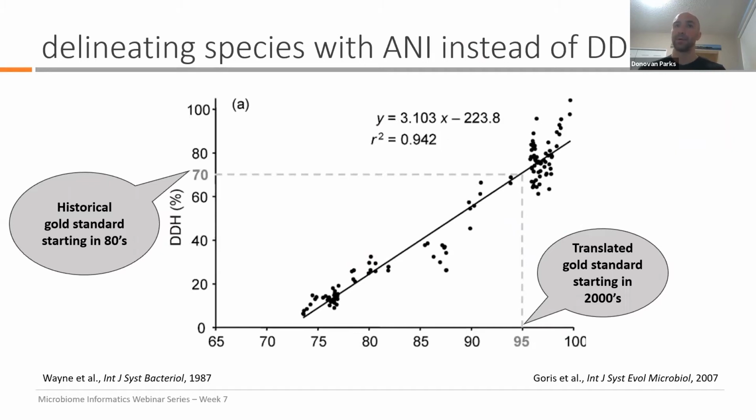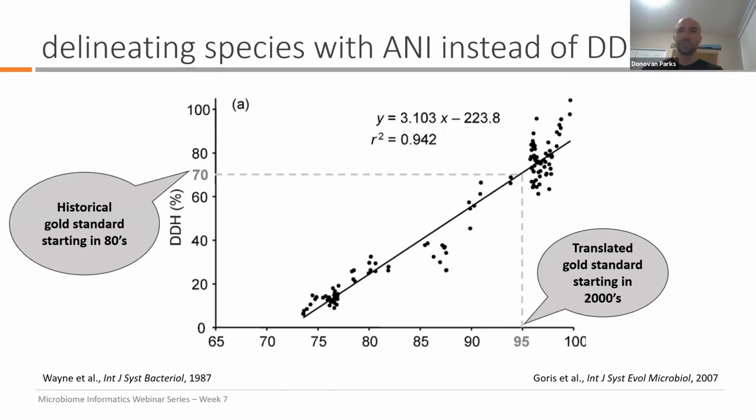This goes back to DNA hybridization, which was introduced, I believe, back in the 60s, but there was a paper that came out by Wayne and colleagues in the 80s that proposed that 70% DDH be used as a criteria of two strains being similar enough that we should consider them to be in the same species.